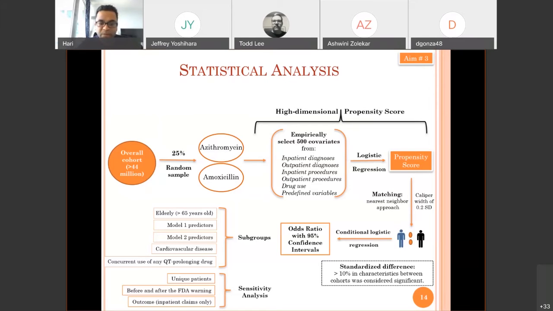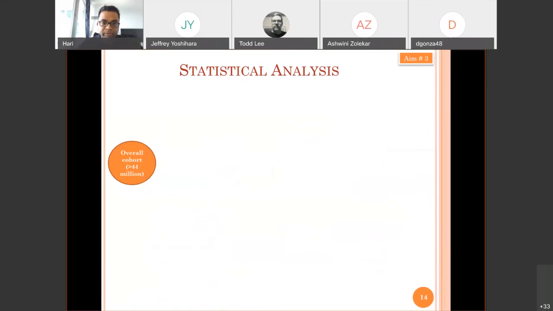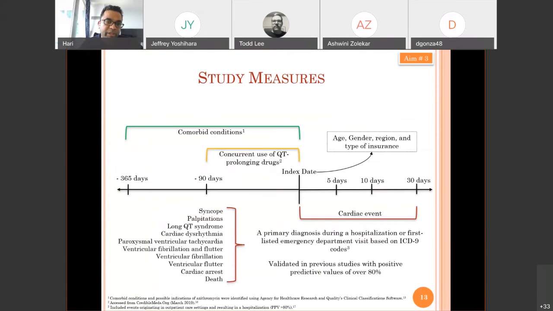And then lastly, one thing I didn't mention in my previous slide was how we measured the claims. Let me just go back. So when we measured the cardiac events, we measured the things that were listed as primary diagnosis for hospitalizations and ER visits. But there's another way to look at this, which is that there could be events originating in outpatient settings, which could lead to a hospitalization a little bit later on.